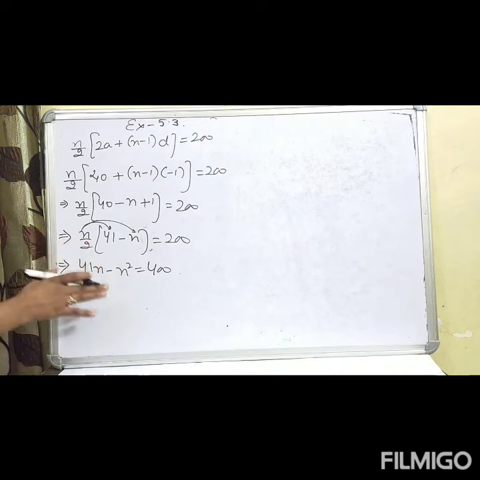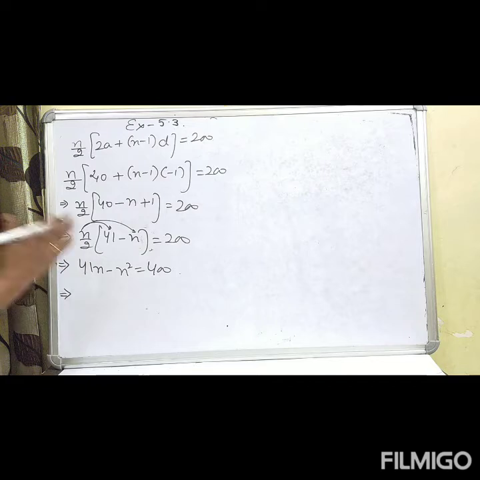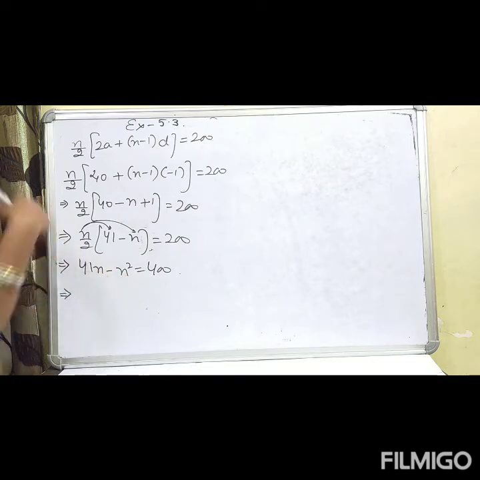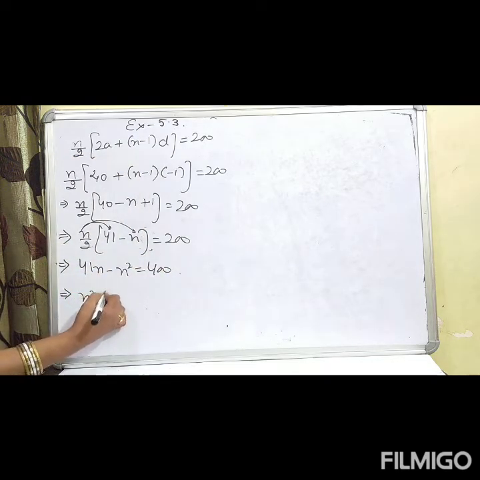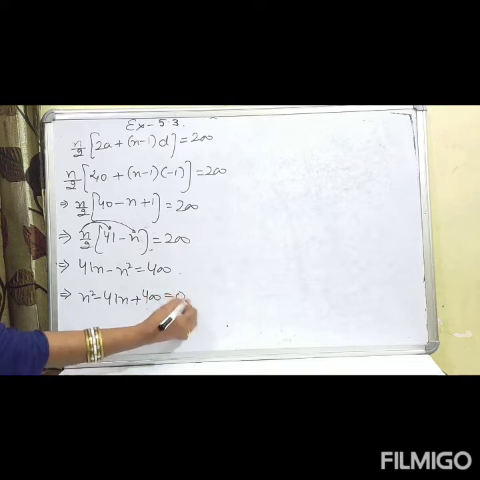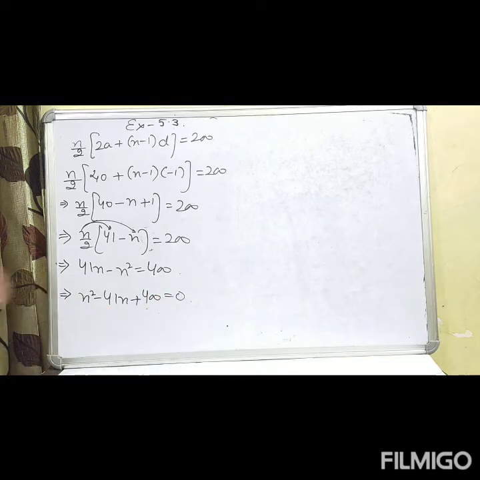Otherwise we can keep the minus also, but it will be easier to find the value of n if you remove this minus. So for removing this minus, I have to take these terms to the right hand side, and I get n square minus 41n plus 400 equal to 0. Nothing is common. So this is the equation.